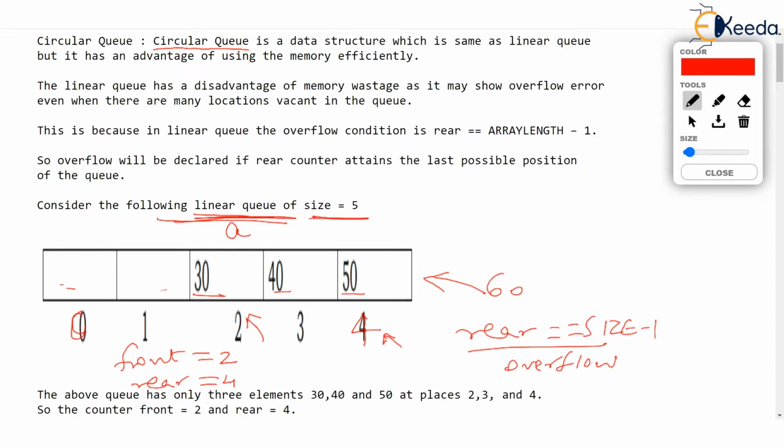So it says 60 cannot be stored, but actually these two places which I am marking 0 and 1 are empty. So it should not have declared an overflow, but that's how the linear queues are made. They say that every insertion will only increase rear by 1. That's it. Linearly, rear will increase. And every deletion will increase front by 1 linearly. So although the elements are vacant, we get overflow error.